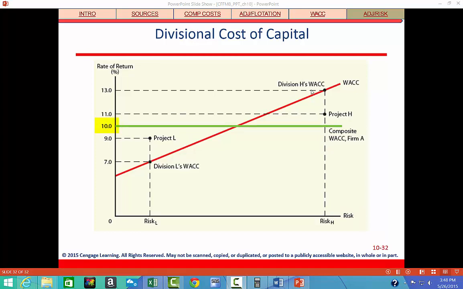However, if that division's weighted average cost of capital is really 13 and the project only returns 11, then you would be taking away value from the shareholders, and that's something we always want to try to avoid. So really, Project H should be rejected and Project L should be accepted. And we have finished chapter 10.